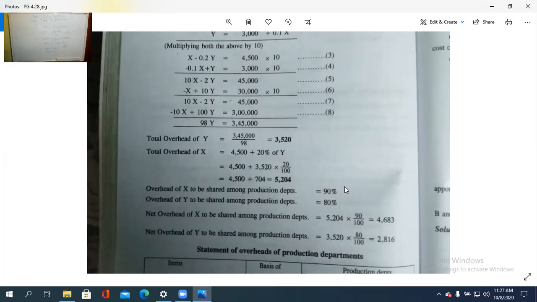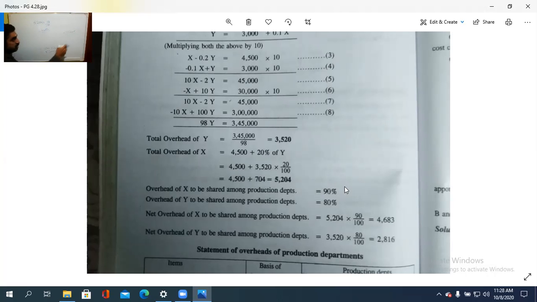So net overhead of x is 5204 into what percentage? 90%. Okay, 5204 into 90%. How much is it? 4683.